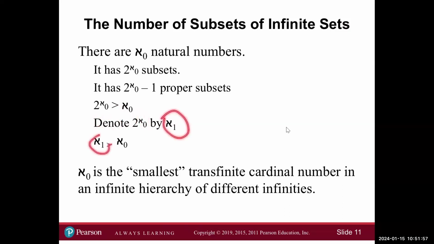So n sub 1 is greater than n sub 0. n sub 1 is the smallest infinite cardinal number in the infinite hierarchy, the different infinities.